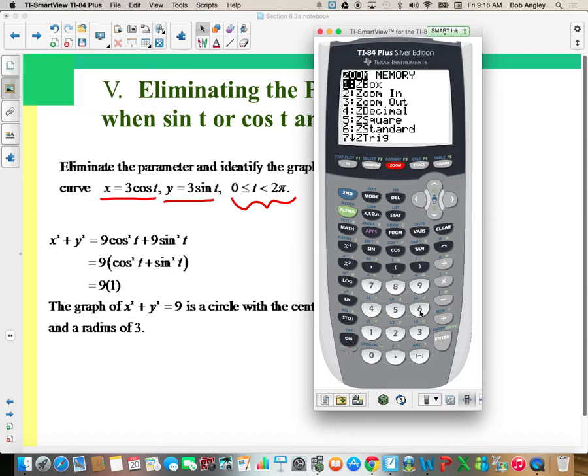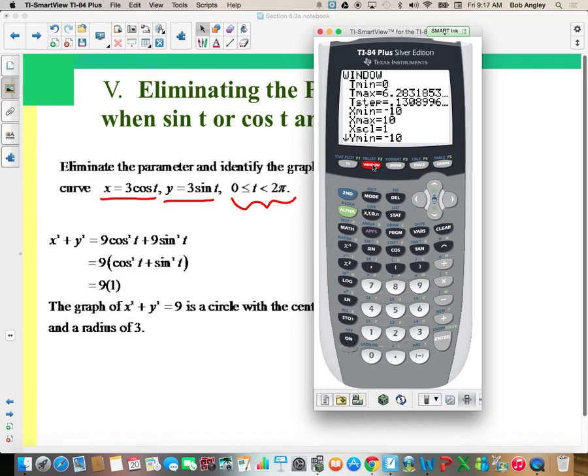Now if I go Zoom 6, and then go back to Window, notice that it goes 0. Do you recognize that number right there is 2 pi? So the reason I'm telling you this is this. This happens so often in parametric that it's considered to be what is standard when you do it. In other words, in parametric, a lot of the times, in the useful purposes of it, you get a bunch of stuff with sines and cosines, and so you do this.